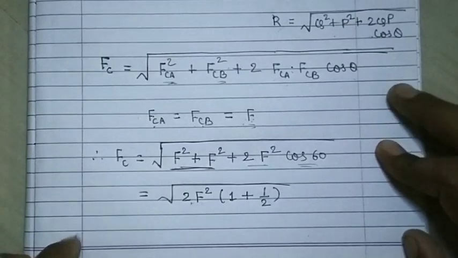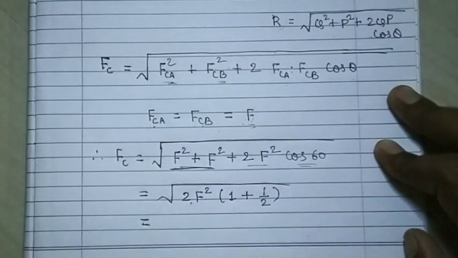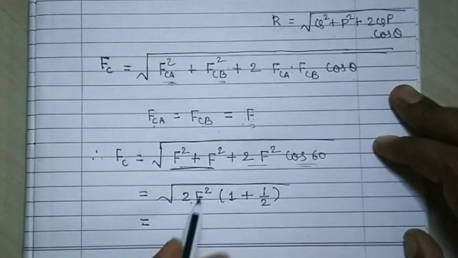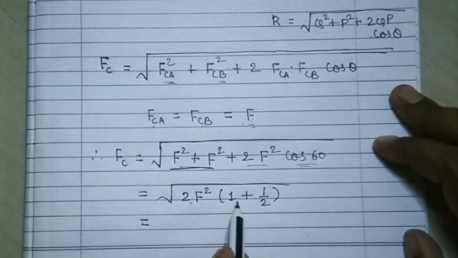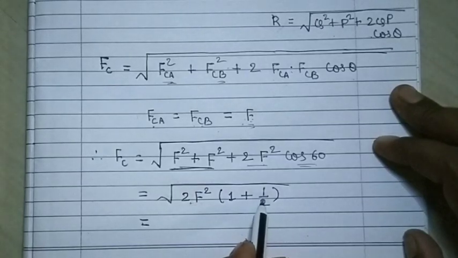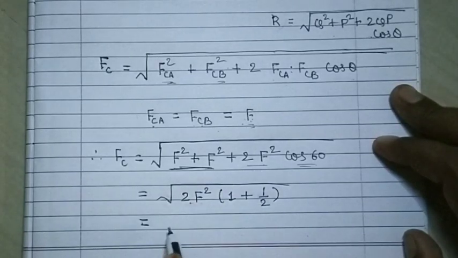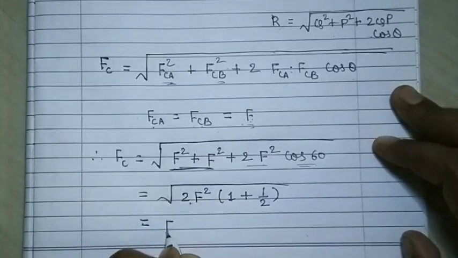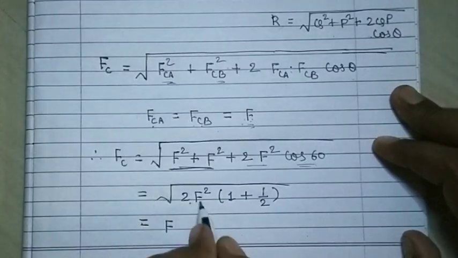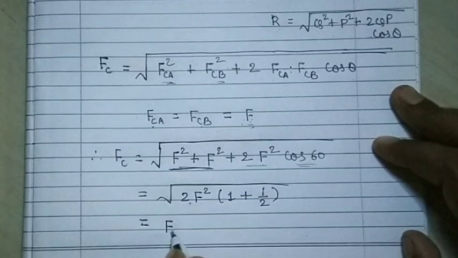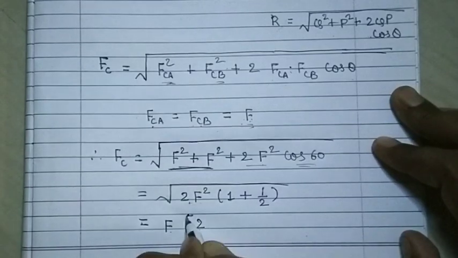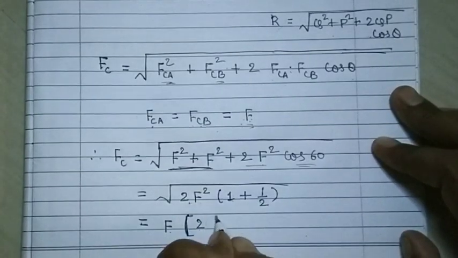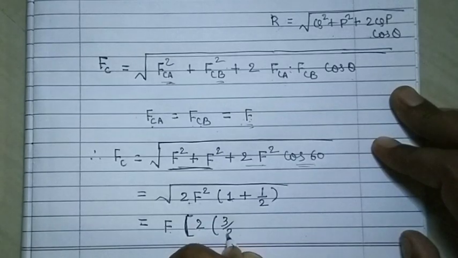So we'll write here cos 60 as 1 by 2. Now simple mathematics is there. F square, and this is square root. 1 plus 1 by 2 is 3 by 2. So if I take this F outside, out of the square root, it is simply F, and here it is 2 which remains here, and 1 plus 1 by 2 is 3 by 2.